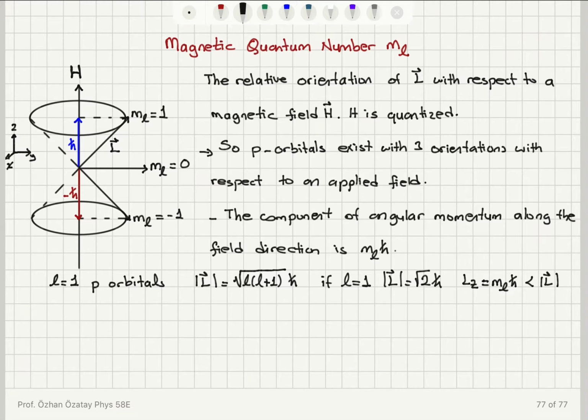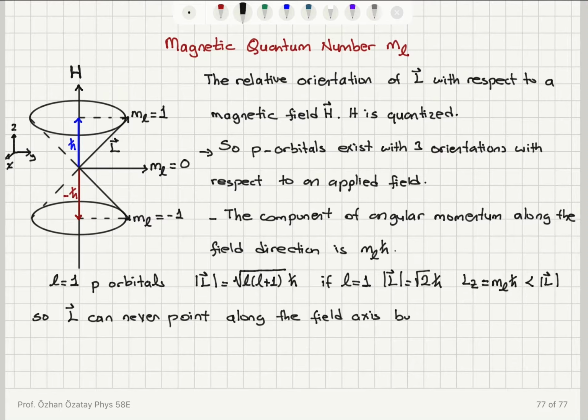So one thing we learn is that the angular momentum vector L can never point along the direction of the field, along the field axis.